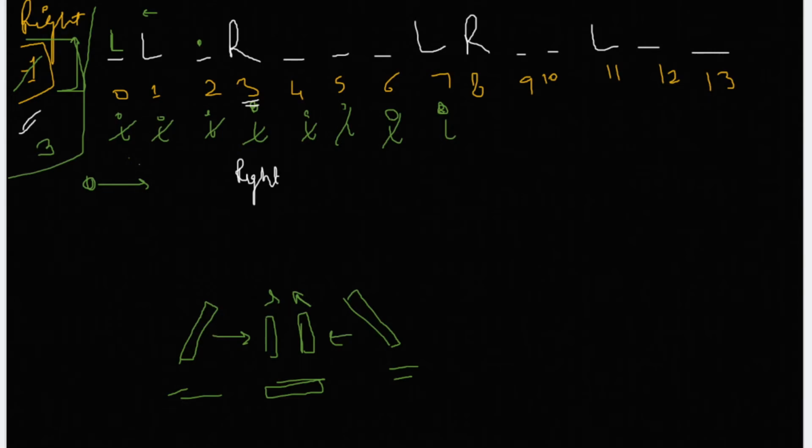But if there were to be some odd number of dominoes between these, so if I were to have dominoes, one being pushed towards right and another being pushed towards left, and if I were to have just a single domino between the two of these, which is an odd number of dominoes between these two extreme dominoes, so what will happen is, in real life as well, this will exert force on this one and this again will exert force on this one.